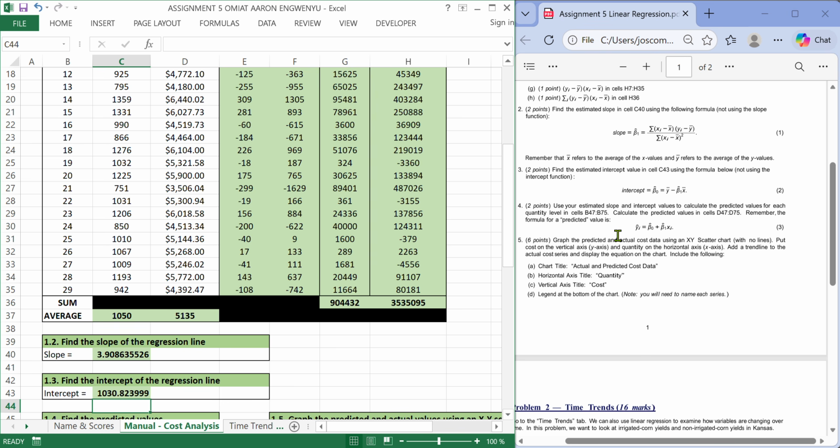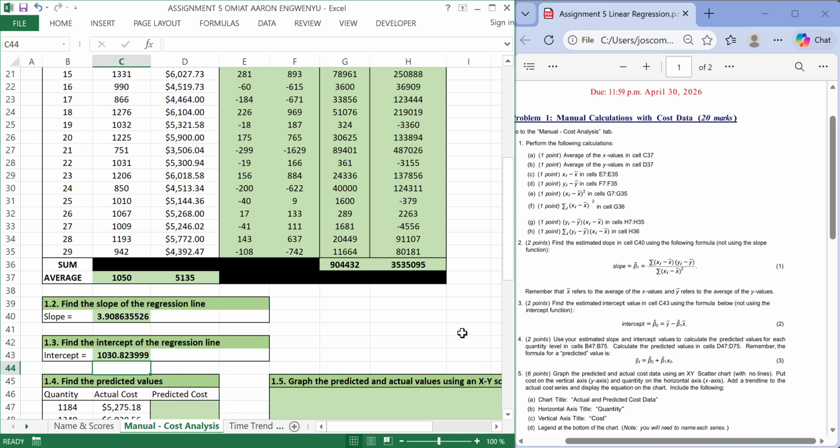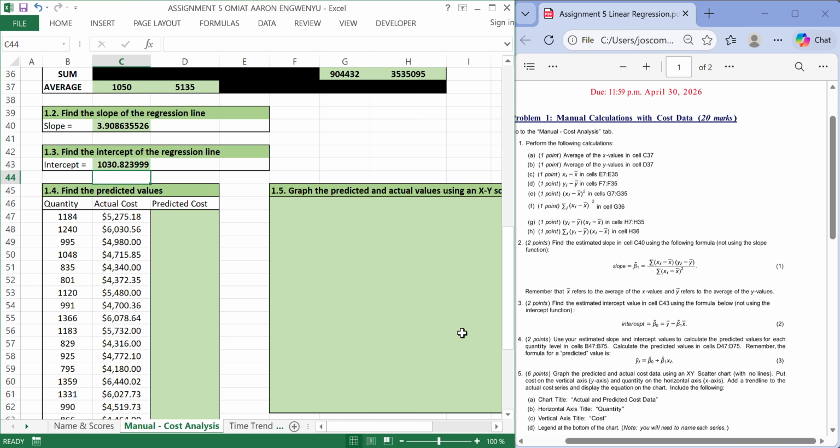Now graph the predicted and actual costs using an XY scatter plot with no lines. Put cost on the vertical axis and quantity on the x-axis. Add a trend line to this first inside the chart, too many instructions.